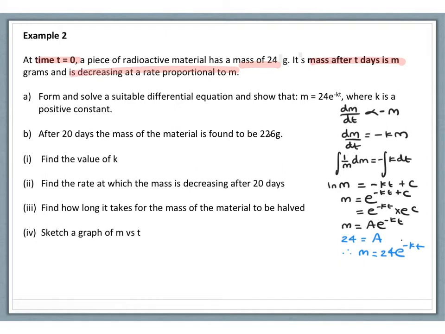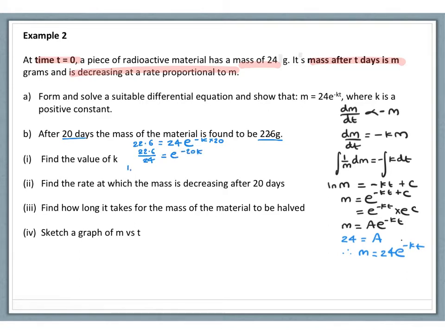So part B. After 20 days, the mass of the material is found to be 22.6 grams. Find the value of k. So we can say 22.6 is equal to 24e to the power of negative k multiplied by 20. Let's divide both sides by 24. So 22.6 over 24 equals e to the negative 20k.